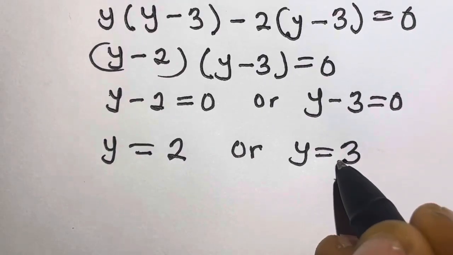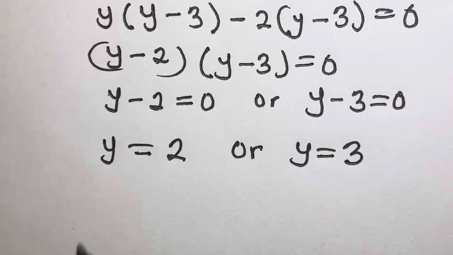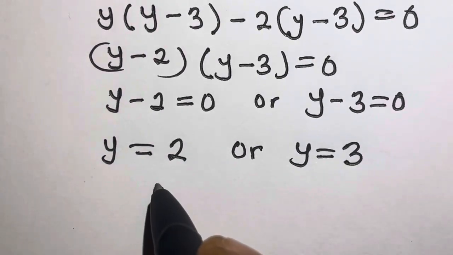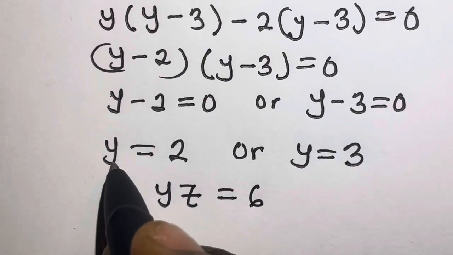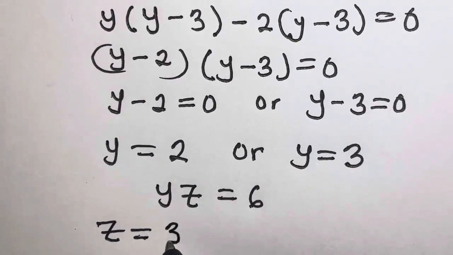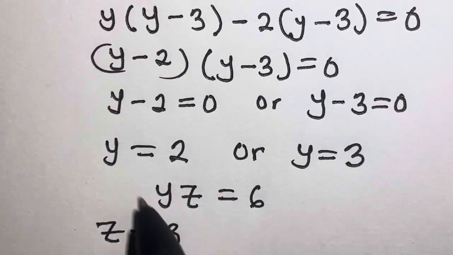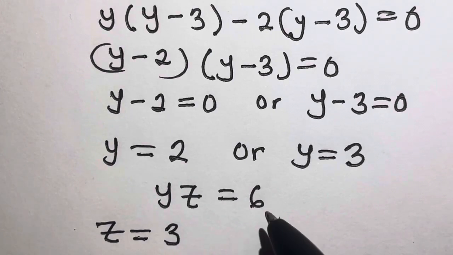But let's recall that if y equals 2 here, our yz equals 6. So if y equals 2, what will be left here? Our z will be 3, so that y times z will give us 2 times 3, and that will give us 6, right?